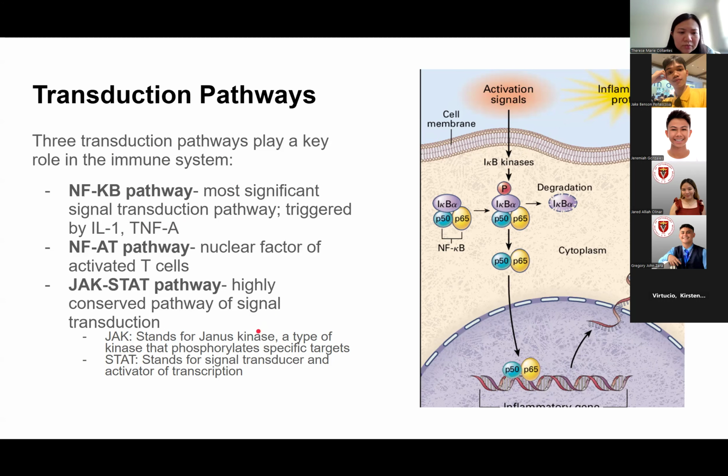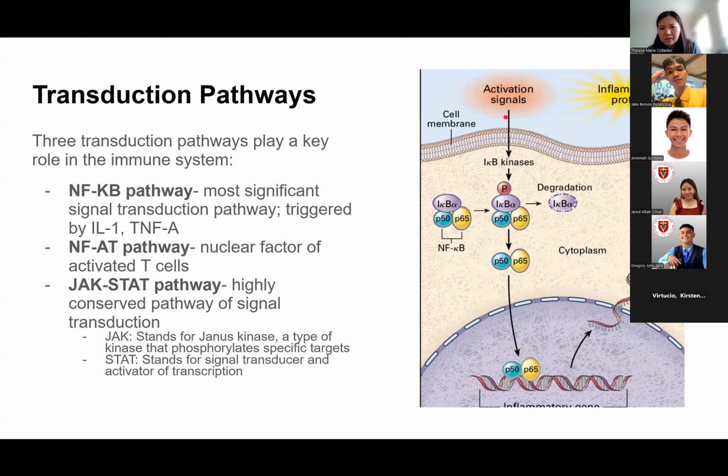It stands for Janus kinase and signal transducer and activator of transcription. If you want to understand more about these 3 pathways, you can look at some references.